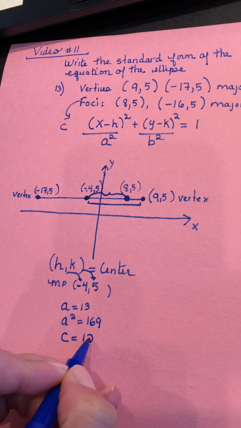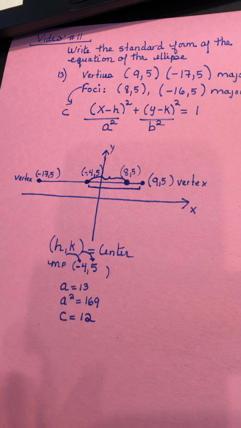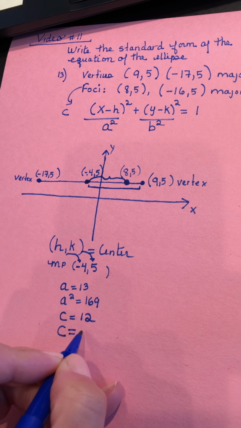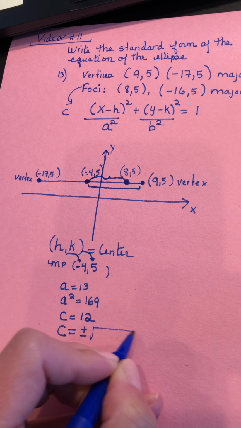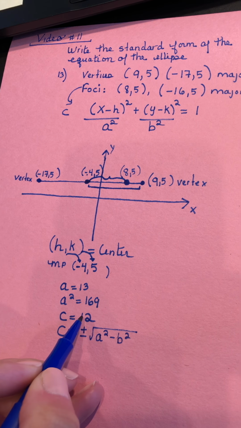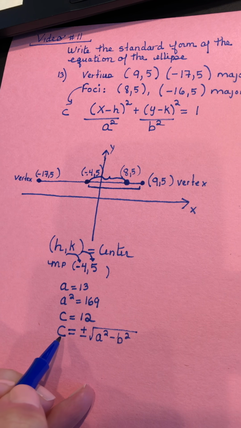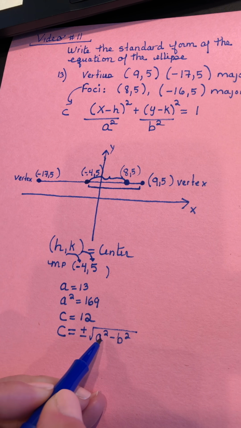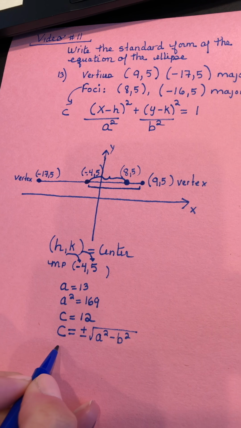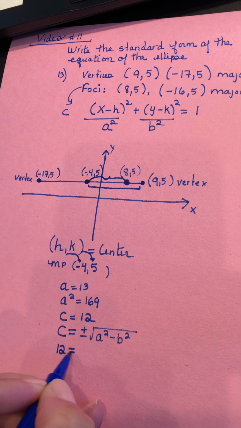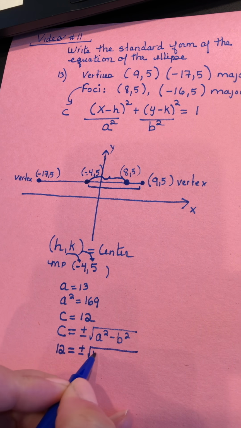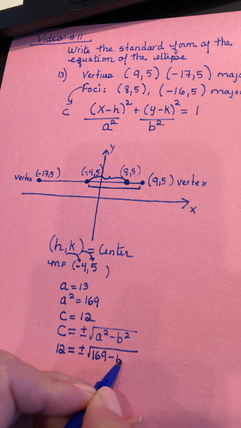All right, now you may remember in a previous video there's a formula that states that c is equal to plus or minus the square root of a squared minus b squared. And if we know c, we can plug it into the formula. We already know a squared is 169. We can solve for b squared and put it in our formula. So c is 12. This is going to equal plus or minus the square root of a squared, which I already know is 169, minus b squared.